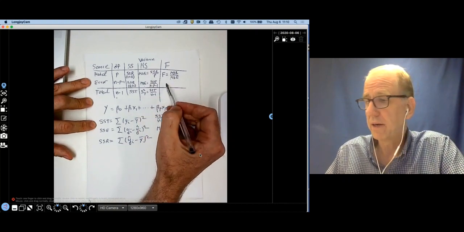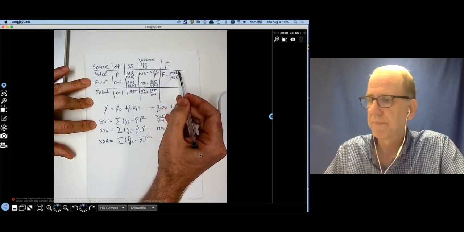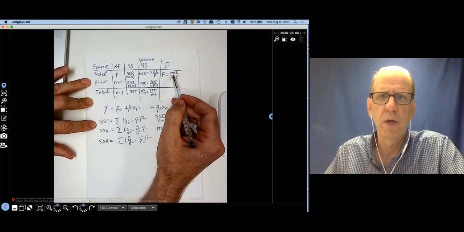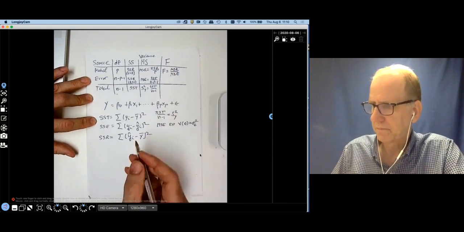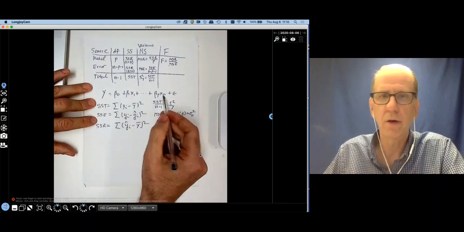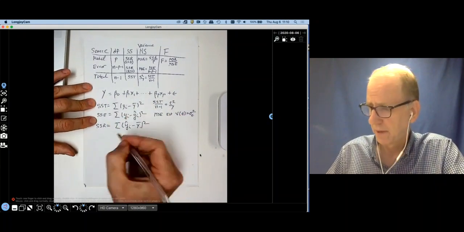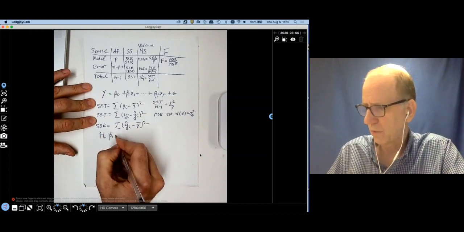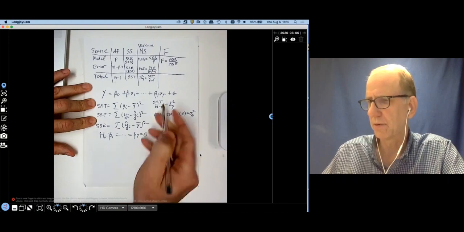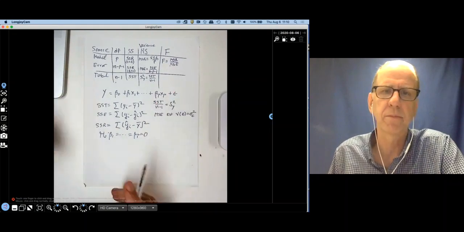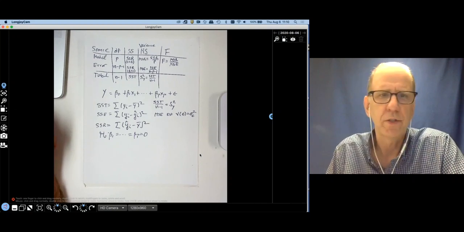On the other hand, if my errors are very big compared to what the model explains, F is very small. And so we use this to test the null hypothesis that all of my slopes, not the intercept, but H naught: beta 1 through beta p simultaneously equal 0. And so when that's big, we reject that. That's a little bit more of a review than you maybe need, but I just thought I'd throw it in.